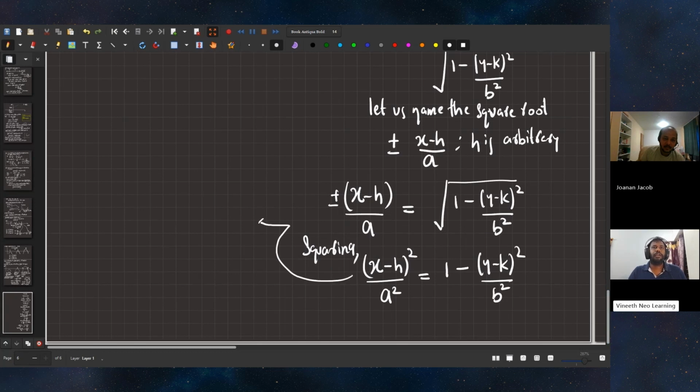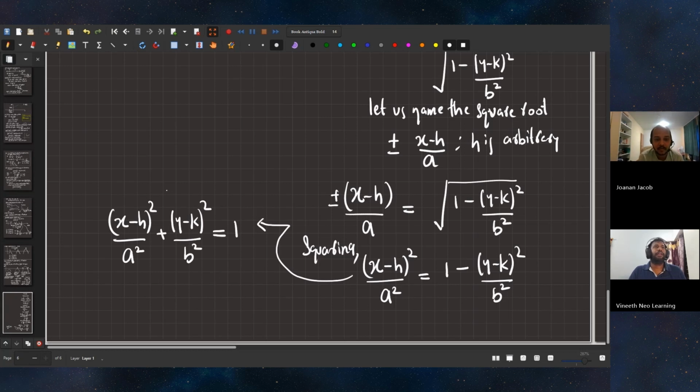This becomes (x minus h) whole squared over a squared plus (y minus k) whole squared over b squared equals 1.